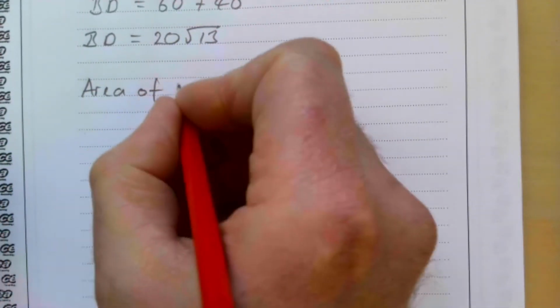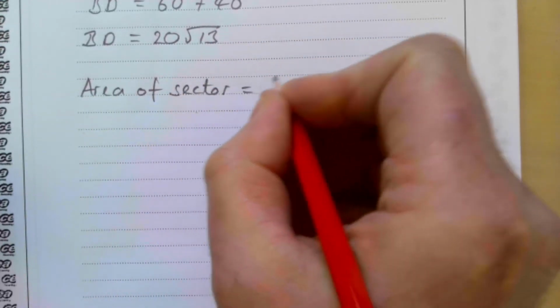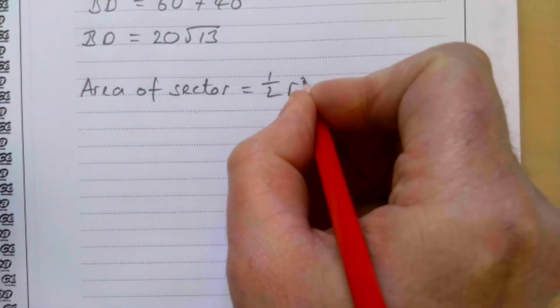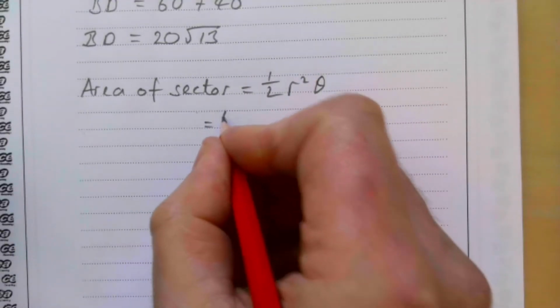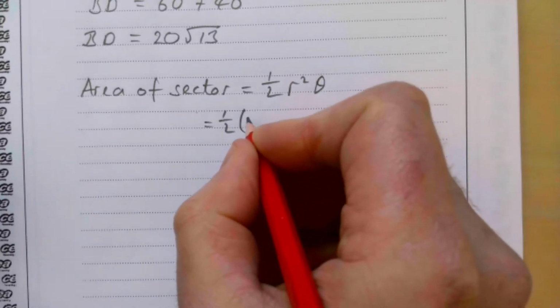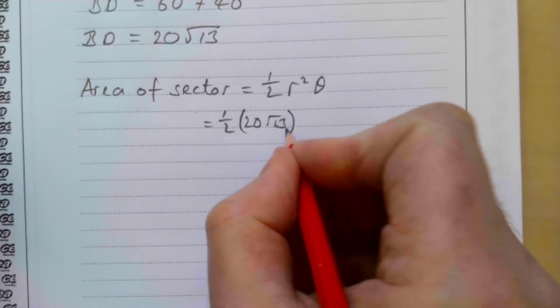Area of sector is a half r squared theta, so that's equal to a half upon 20 root 13 squared.